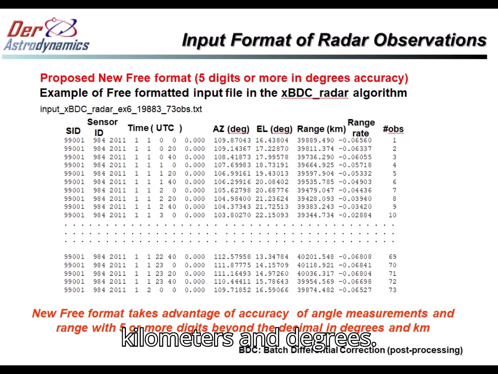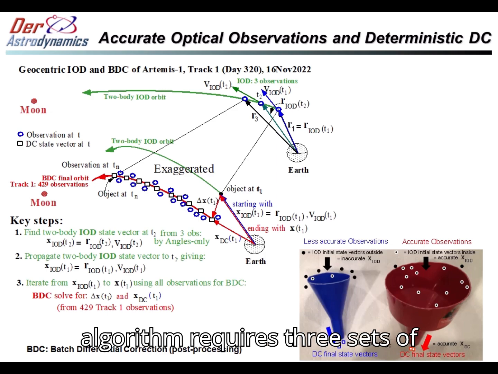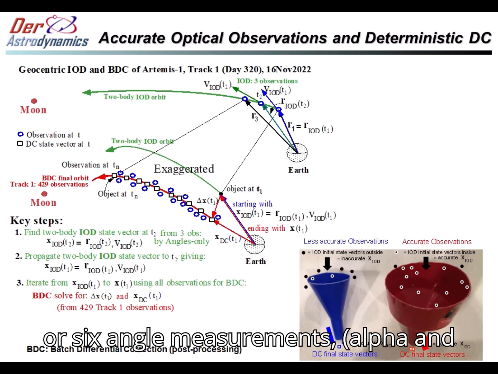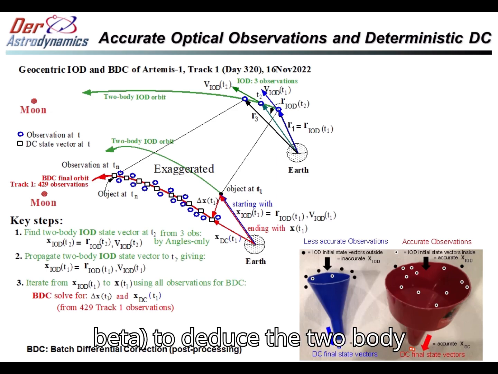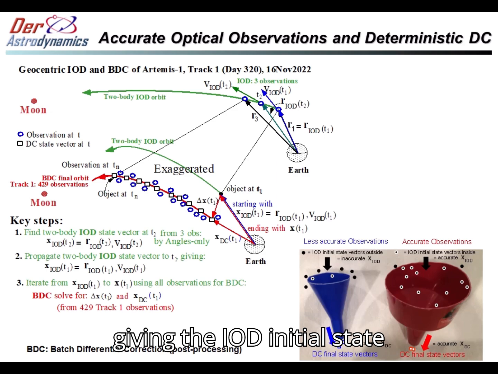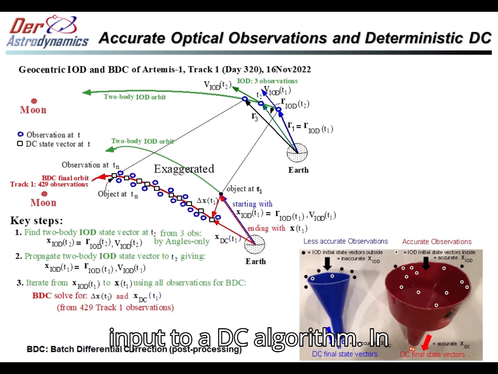The Gauss or Laplace optical IOD algorithm requires 3 sets of accurate optical observations, or 6 angle measurements alpha and beta, to deduce the two-body state vector X_IOD(T2) at T2 and then propagate it back to T1, giving the IOD initial state vector X_IOD(T1) as input to a DC algorithm.